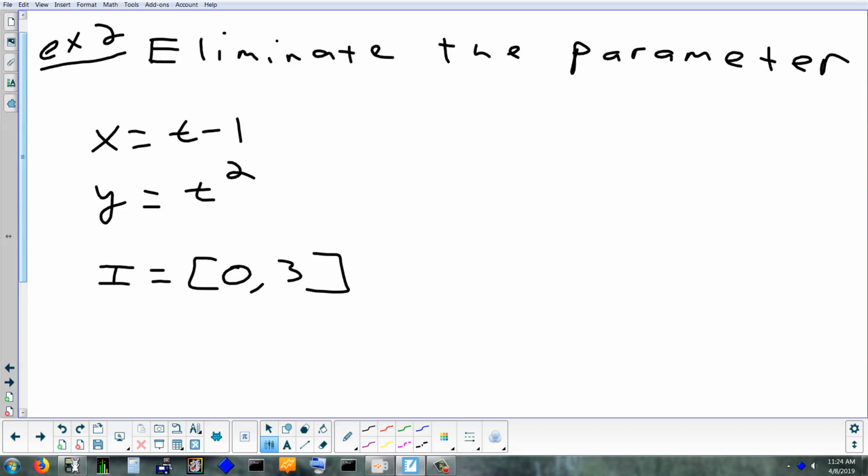What's the first thing we did last time? Yep. You got t by itself in the x equation. Yes, step 1. Get t by itself in the x equation. Don't worry about if it's going to be y equals mx plus b. Who cares? Just get t by itself in the x equation.